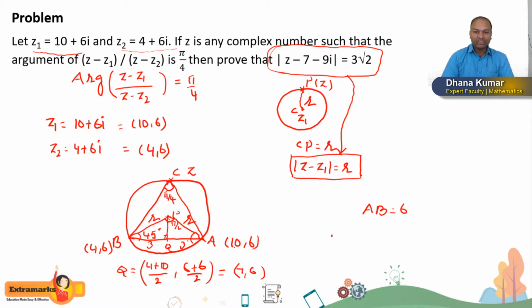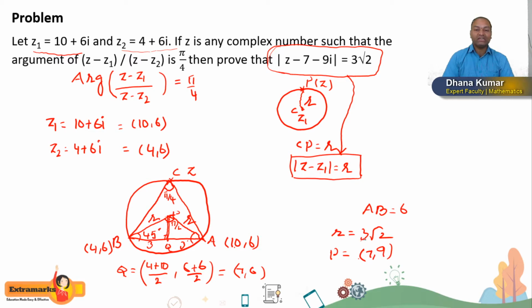Radius we got, how much? 3 root 2. Because PQ is parallel to y-axis, automatically the x coordinate is the same. So that is 7. And the y coordinate will change. Now y coordinate here is 6. But this length is 3. So automatically this point's y coordinate will be what? 6 plus 3, 9.